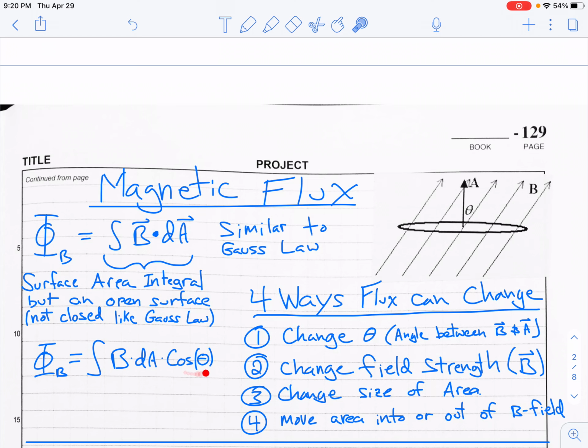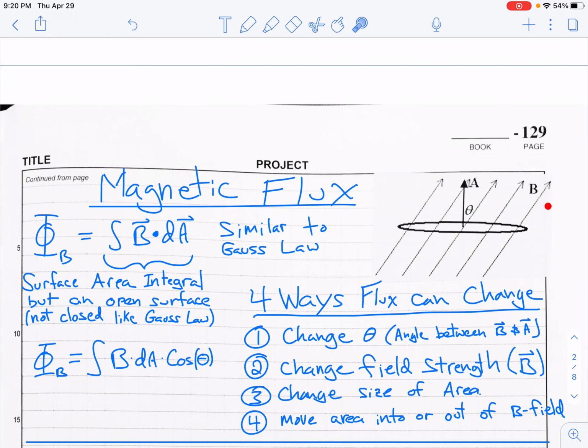If the angle changed with time, it could come out, as long as the angle doesn't have to do with the area. So, as long as the magnetic field doesn't change its angle across the entire area, that would be constant. If the magnetic field somehow changed its angle throughout the area, this could not come out.